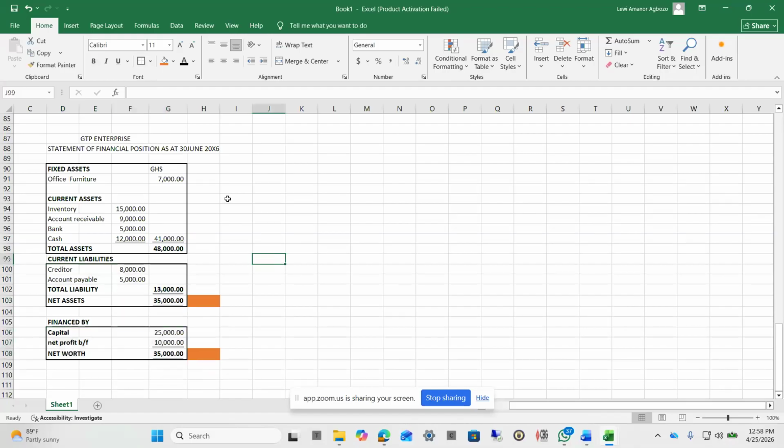So this is the asset part. This is the liability part. And this is the capital side. Do you understand the accounting equation now?